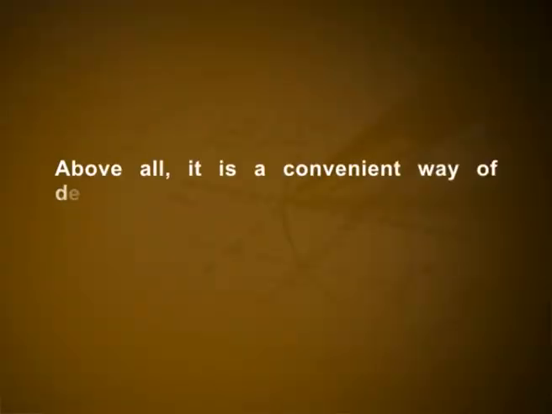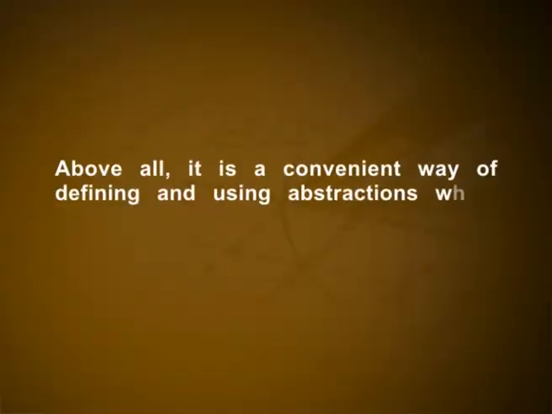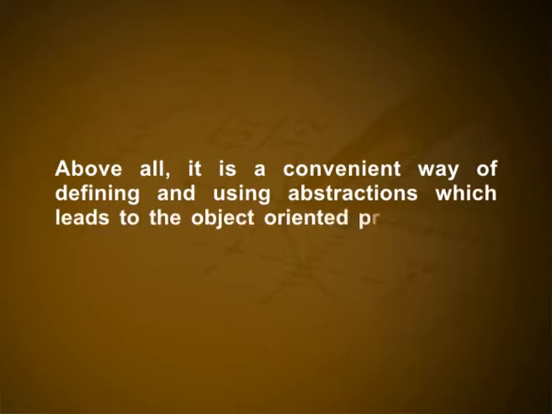Classes are normally associated with varying degrees of encapsulation, which protects them from misguided access methods. It is a way of grouping related procedures together. However, the concept of classes and objects represents an evolution in programming by abstractions in programs. Above all, it is a convenient way of defining and using abstractions, which leads to the object-oriented programming paradigm.